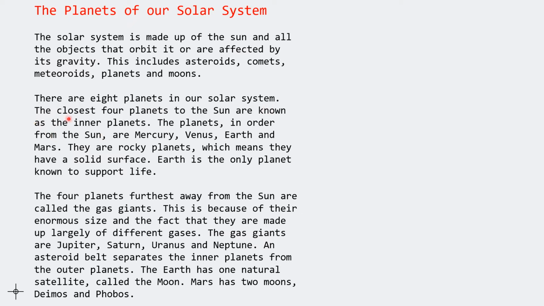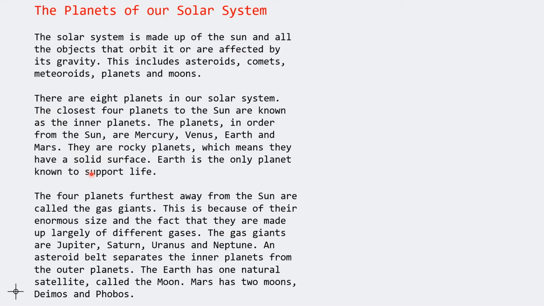The closest 4 planets to the sun are known as the inner planets. The planets in order from the sun are Mercury, Venus, Earth, and Mars. They are rocky planets, which means they have a solid surface. Earth is the only planet known to support life.